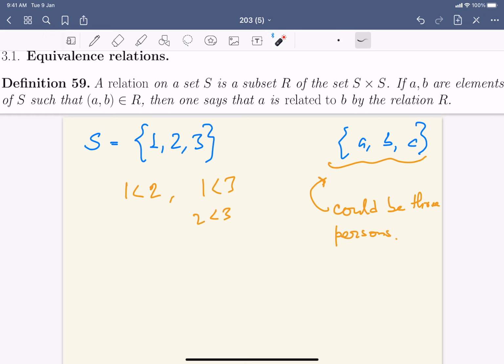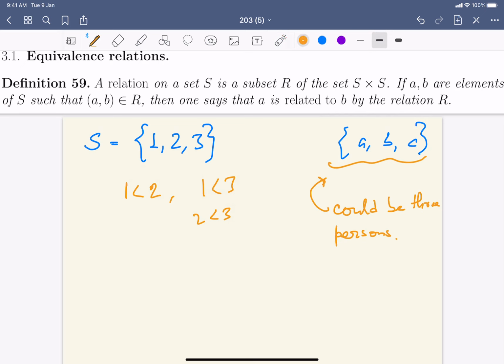Anyway, you already know that such relations, for example, this is a relation between 1 and 2, that 1 is smaller and 2 is bigger, and this is also a relation between 1 and 3, that 1 is smaller, 3 is bigger, and so on. So what are the relations that we get from here? Let's try to record all these relations in a nice manner.